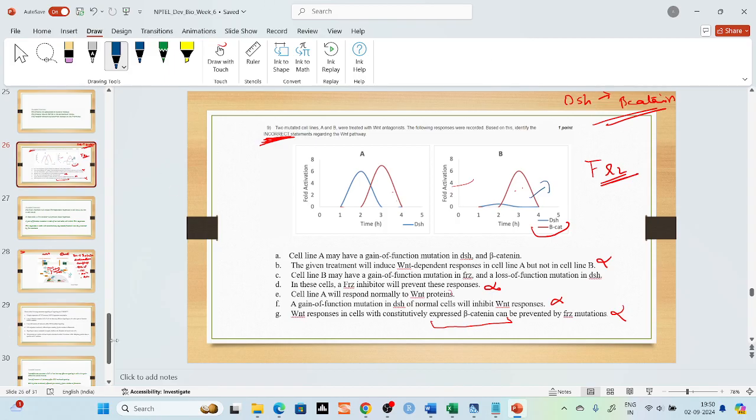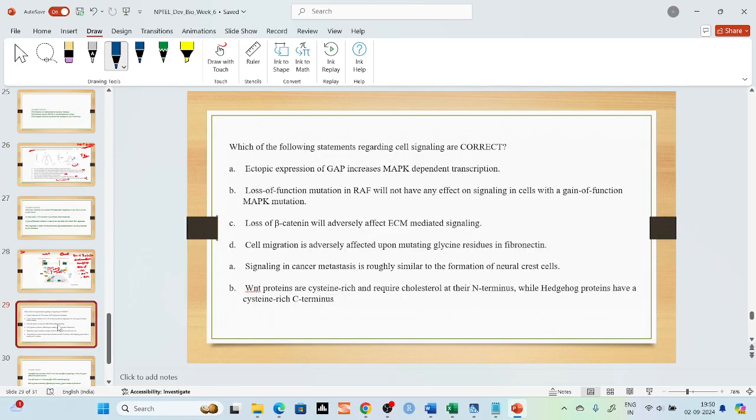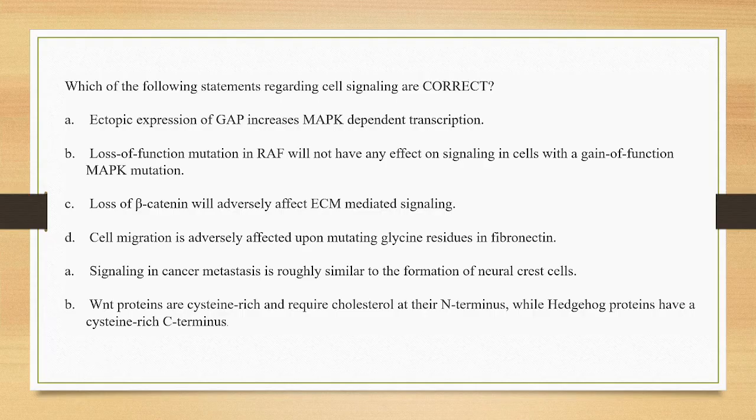Now we come to the last question. Which of the following statements regarding cell signaling are correct? Ectopic expression of GAP increases MAPK dependent transcription.